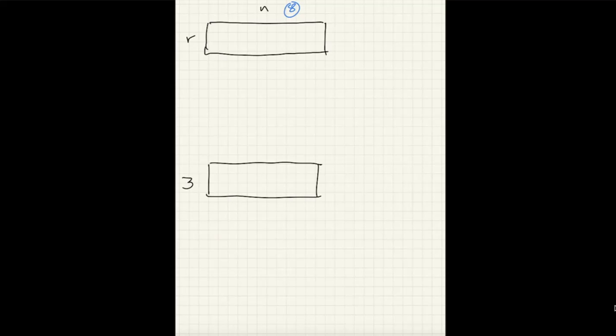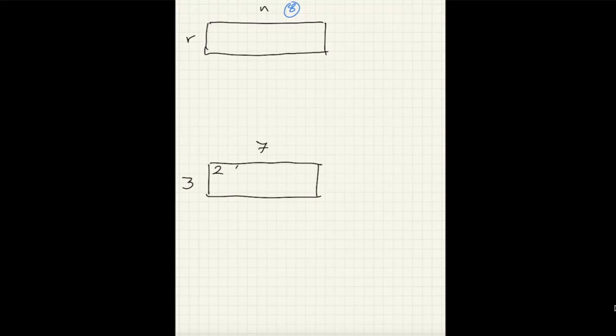Okay, so what do we have here? Well, I will do it by an example. So let's say we have some Latin rectangle here, and so this is R and this is N. I'll pick some numbers. Let me pick here 3, and let me pick here 7.